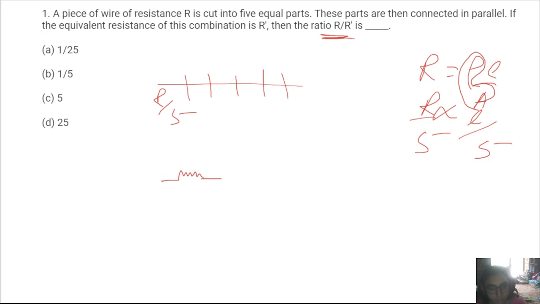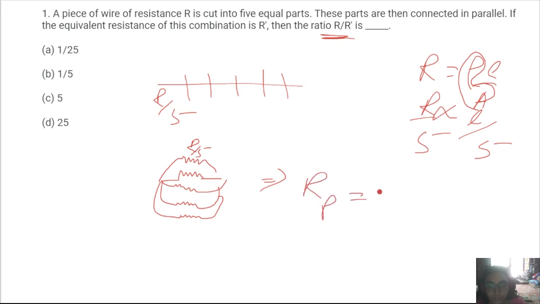1, 2, 3, 4, 5. And all of them have R by 5 resistance. Okay. So Rp is 1 by R1 plus 1 by R2 and so on up to 1 by R5.